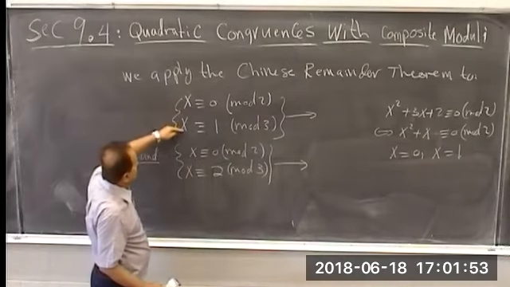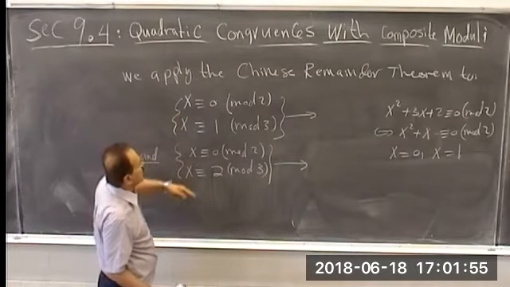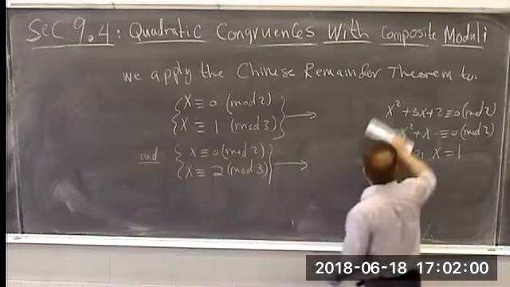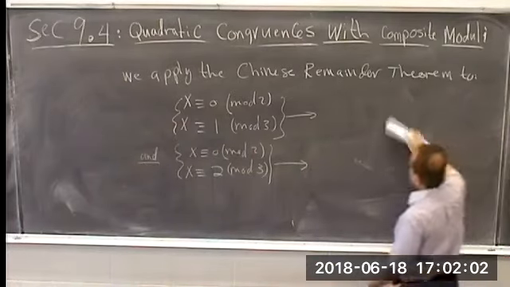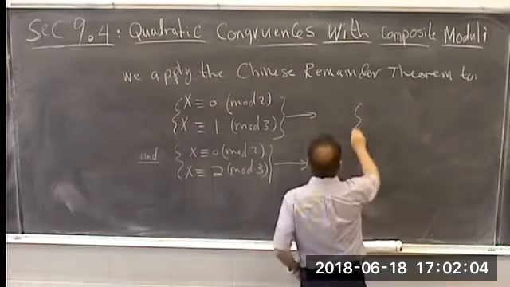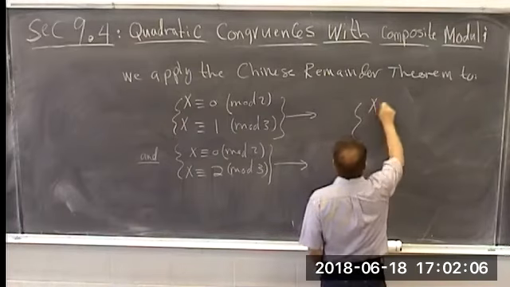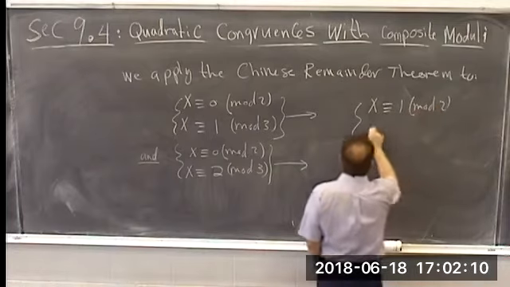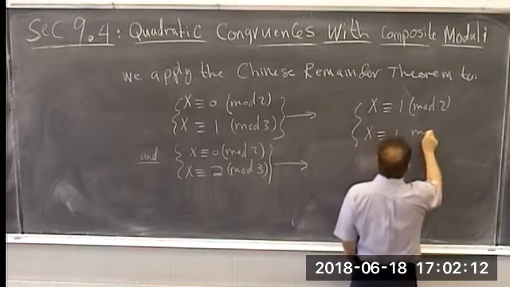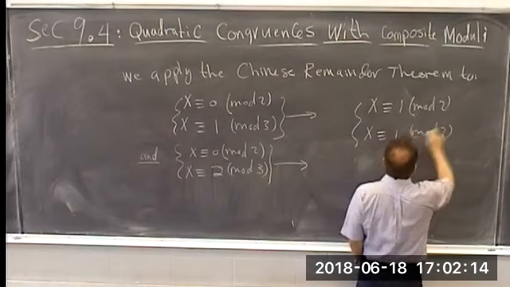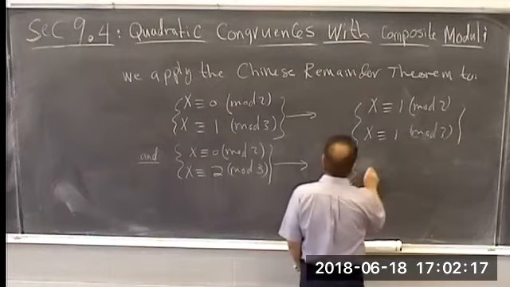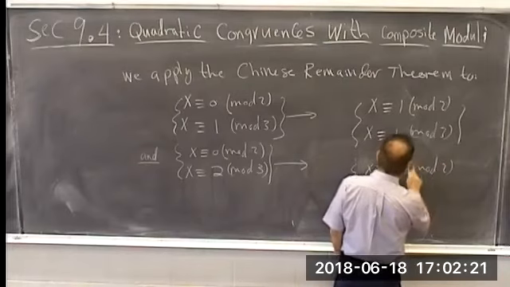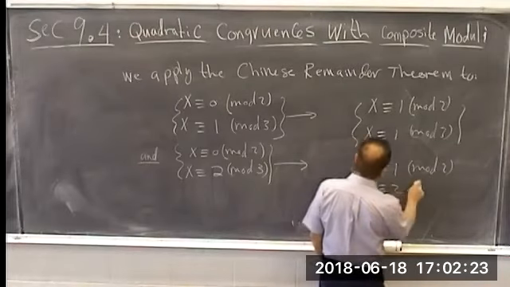So 0 with 1, 0 with 2, and then I need 1 with 1, and then we have another system, 1 mod 2 with 1 mod 3, and x congruent to 1 mod 2, and x congruent to 2 mod 3.